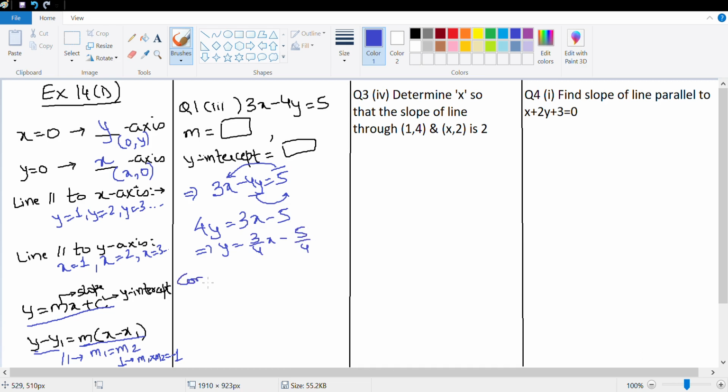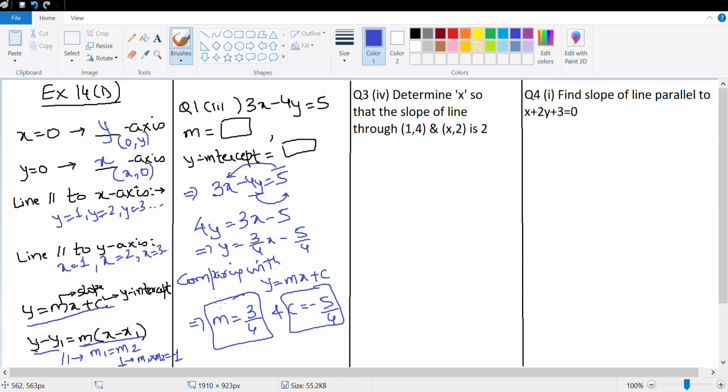Now we'll compare it with the standard form of an equation, y is equal to mx plus c. We get m is equal to 3 by 4 and c is equal to -5 by 4. So that's my answer. m is equal to 3 by 4 and c is equal to -5 by 4.